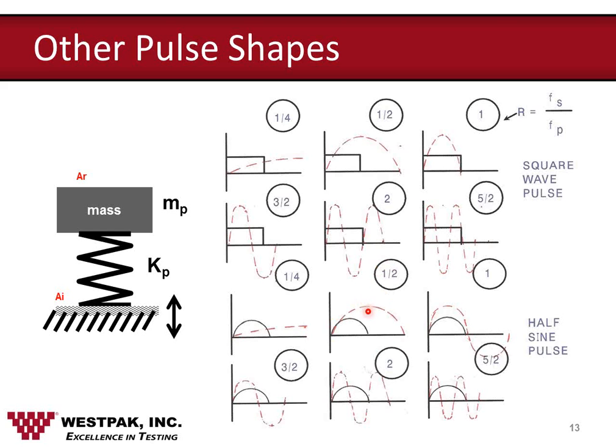In this case, the maximum response amplitude is approximately 2/3 of that of the rectangular pulse. So once you're beyond this ratio of 1/2 response to the input ratio of the frequency, the amplitude of that responding system is really a function of the wave shape and its frequency content as well.